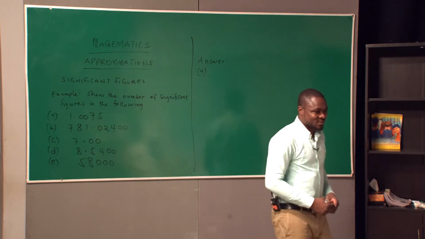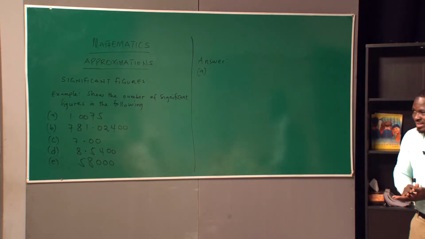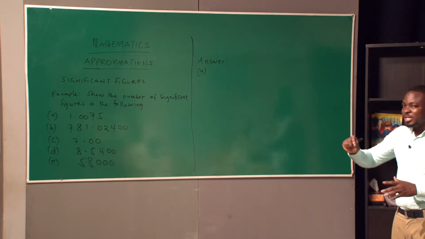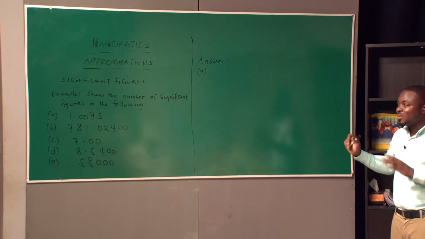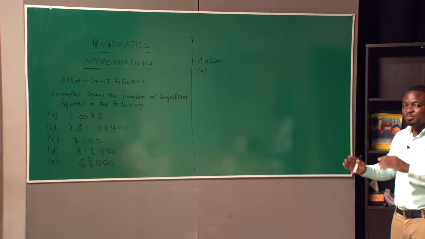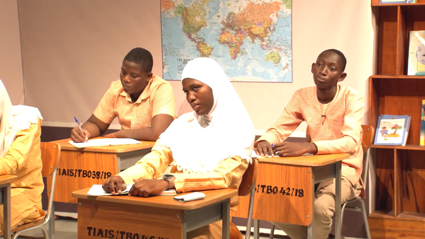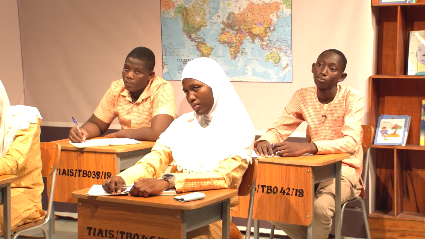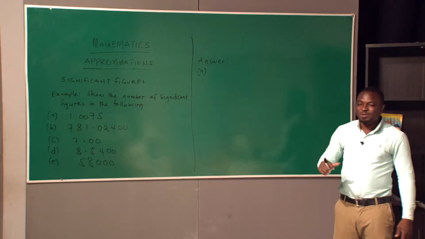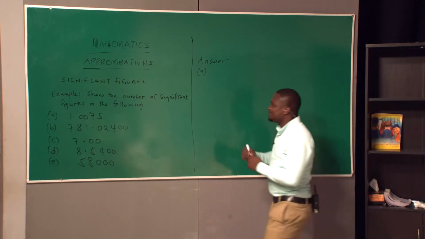Is he right, Asifa? Yes. That's good. I've already explained that trailing zeros after the decimal point are significant, and zeros between two significant numbers are significant. As Hikma has already indicated, we have 5 significant numbers.